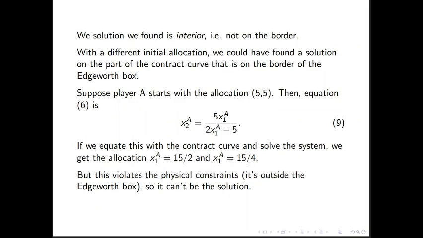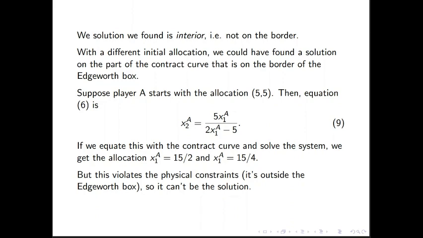Now, the solution we found is interior, meaning that it's not on the border. But this was because we had an initial allocation which produced that result. It could be that we have an initial allocation in the upper right part of the Edgeworth box. In this case, they will trade to a part of the contract curve which is on the border.